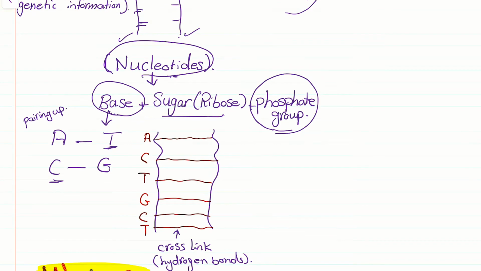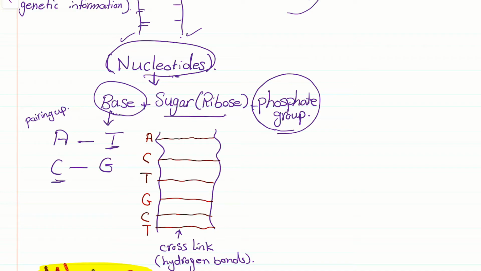So for example, if I have here in one strand this sequence of bases or nucleotides A, C, T, G, C and T, what is the pairing of the nucleotides on the other side?